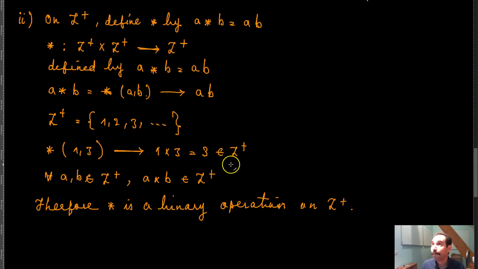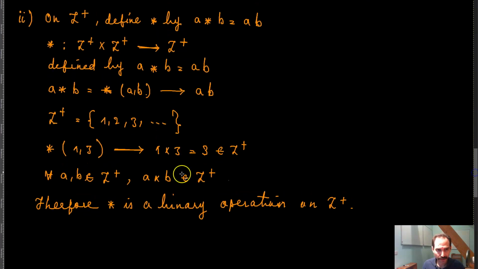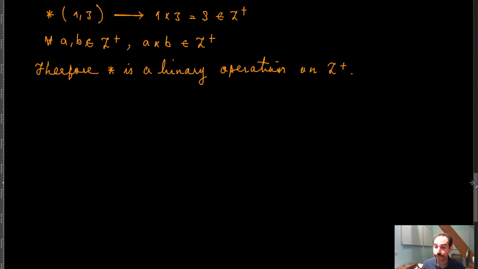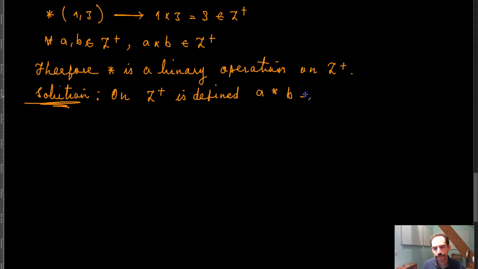Now if I were to write the solution, taken from the solutions, I would say that we have on Z plus, star is defined by A star B is equal to A times B. It is not a binary operation, as the image of 1, 2 under star is, no, I'm sorry, I'm reading the wrong place.